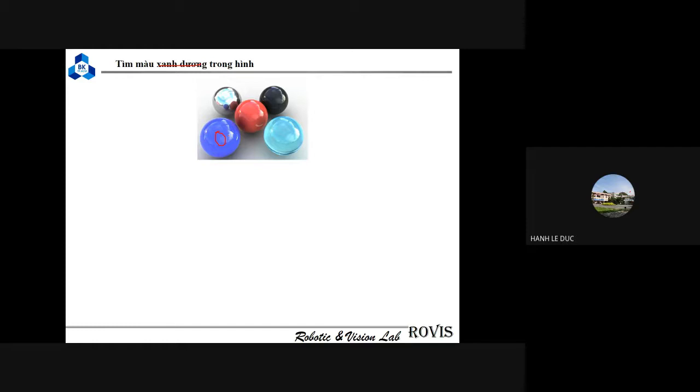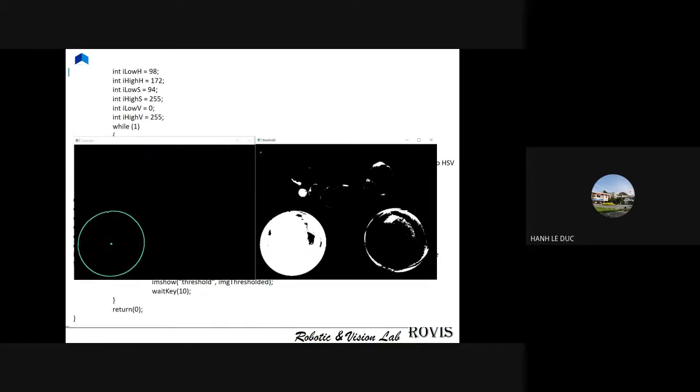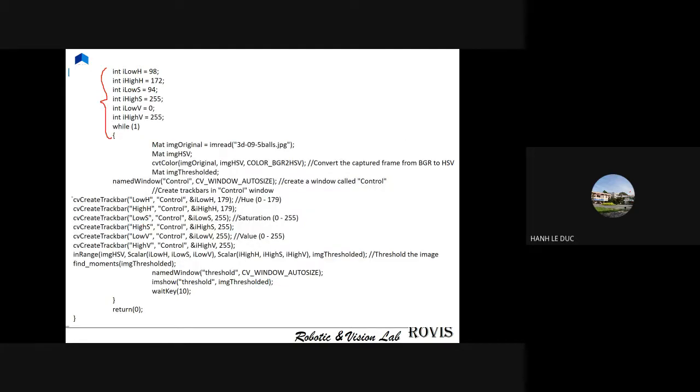So I change to RGB, and I define the HSV low and high, and then I use a slider. After I slide it, I use the function we call inRange to threshold the image in HSV.